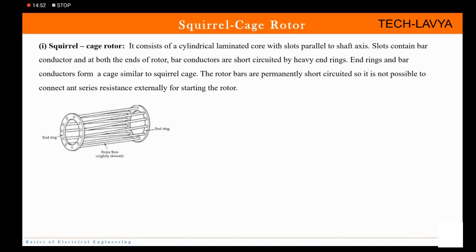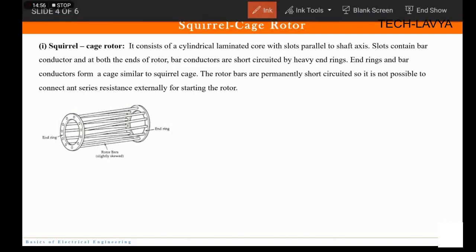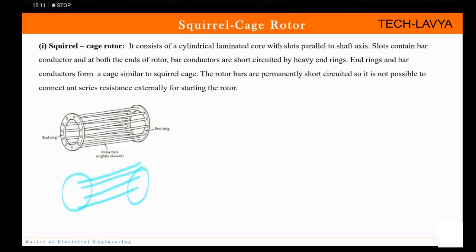See, this is how it looks like. So basically these are the endpoints. And you have the bars connected like this. So this is how it looks like.